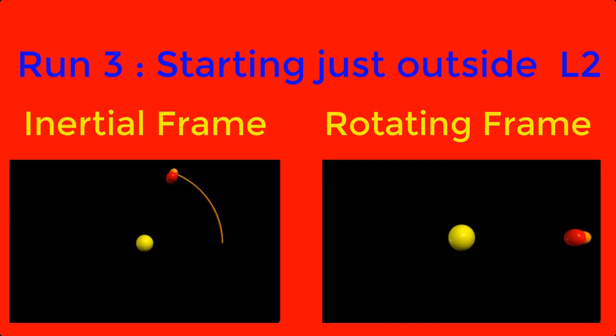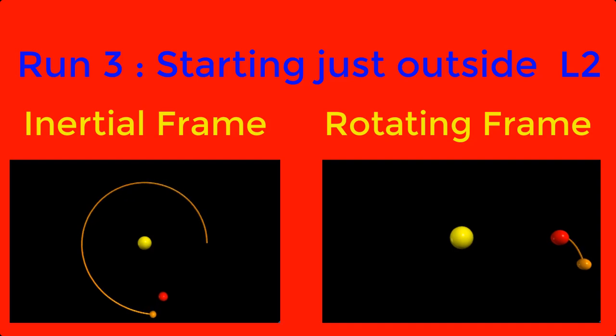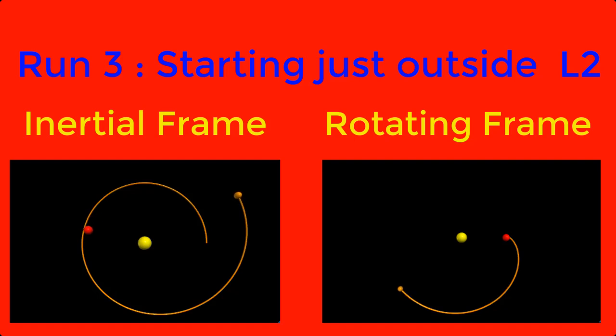Instead, starting just outside L2, it can be seen in the rotating frame that the object just hovered for a bit before it starts to move further away from body 2 in red.